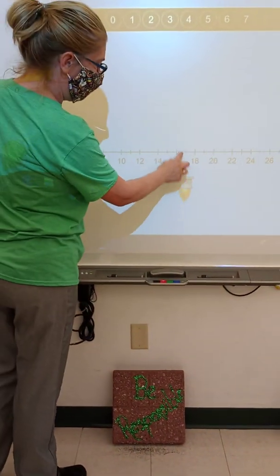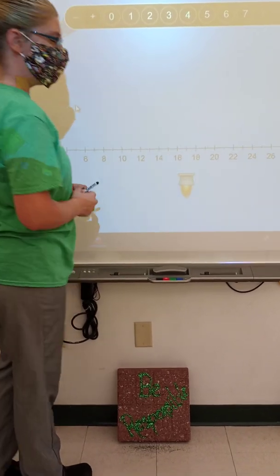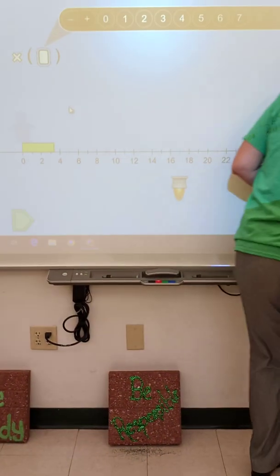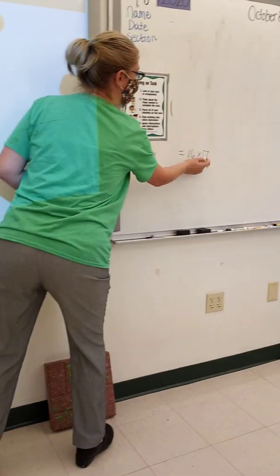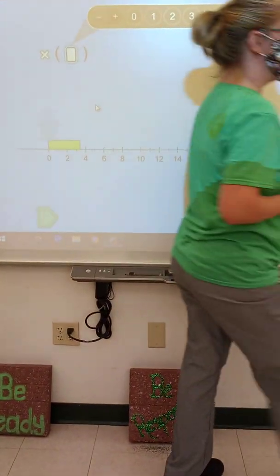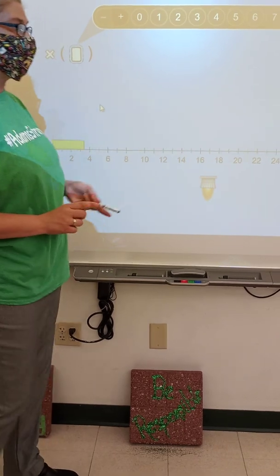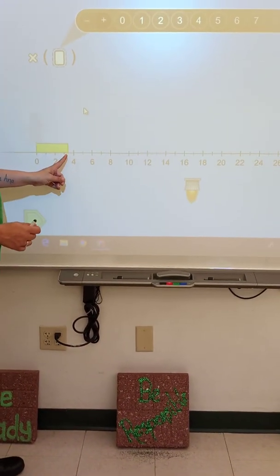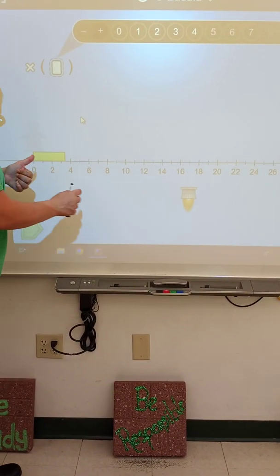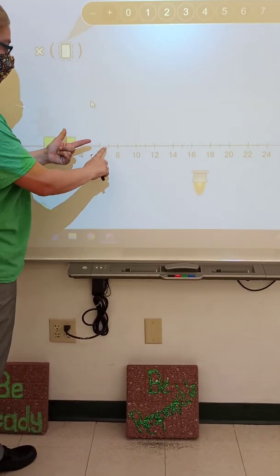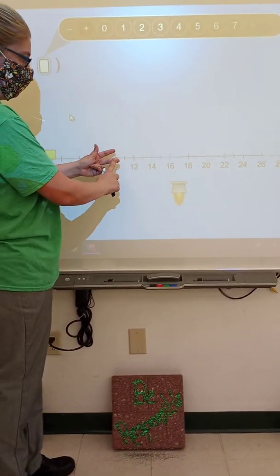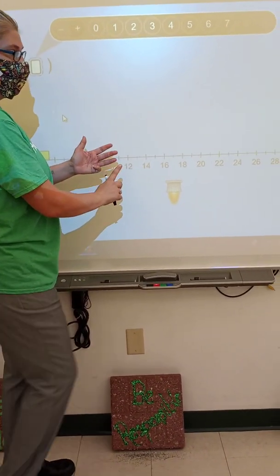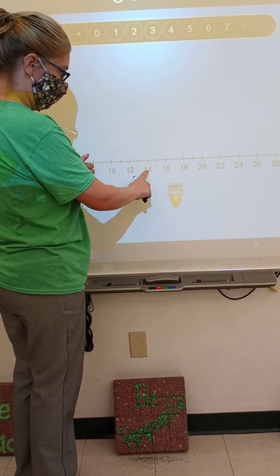And I need to get to something between 16 and 17. So 3 and a half times what can get us between 16 and 17. 1 3 and a half is 3. 2 3 and a halves is 7. 3 3 and a halves is 10 and a half. 4 3 and a halves would be 14.